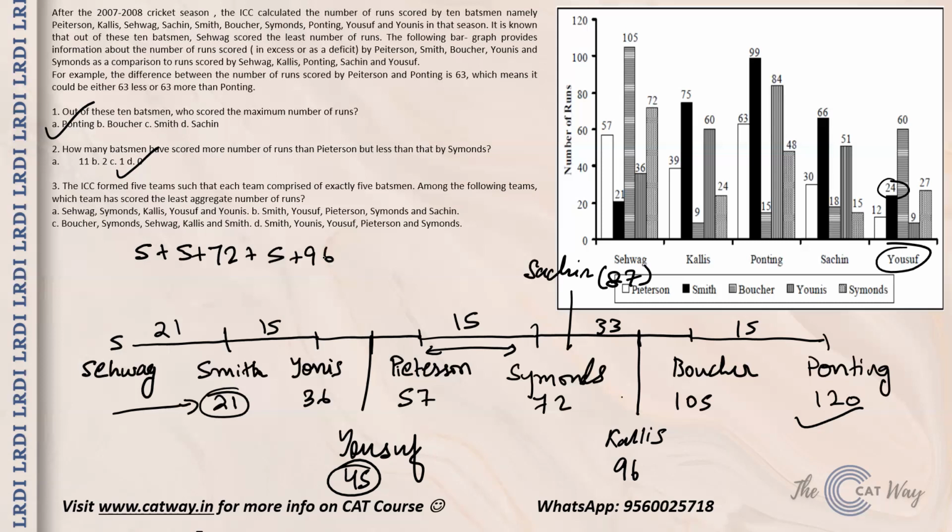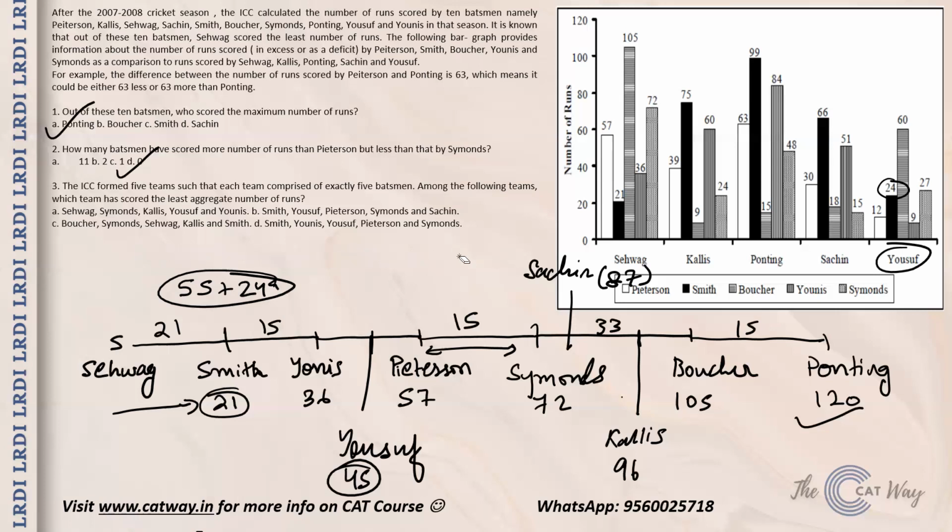Yusuf has scored S plus 45, and Yunus has scored S plus 36. So this is 5S plus 72 plus 96 plus 45 plus 36, which is 5S plus 249. This is what we have for the first team.